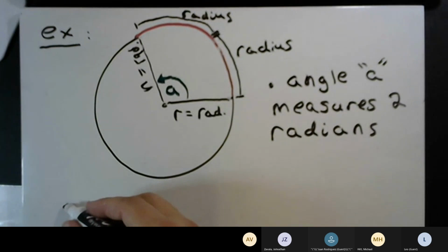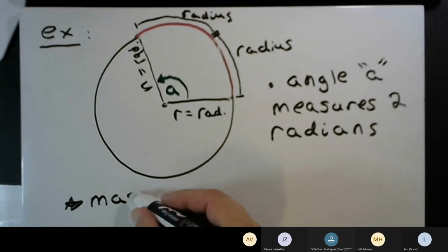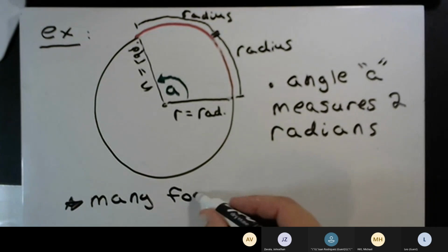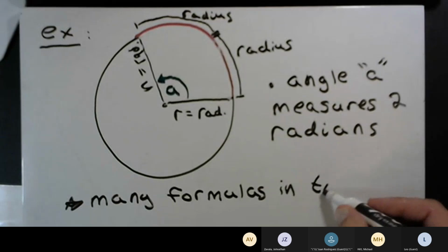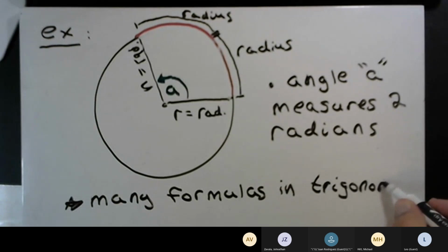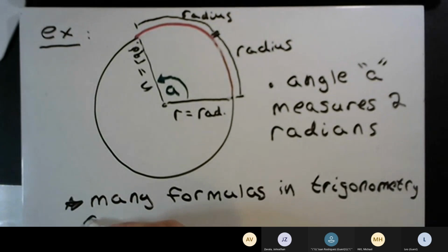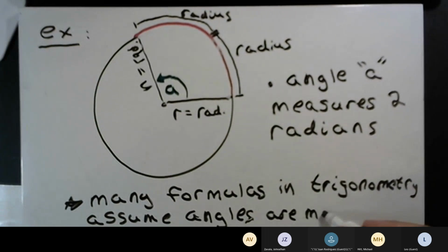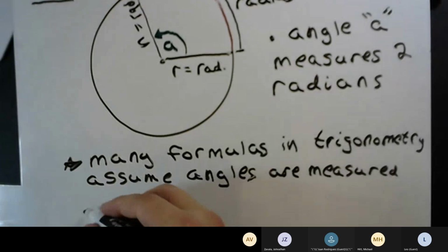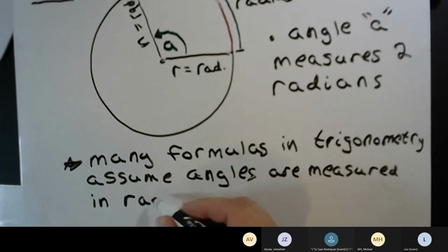Now, a key thing to mention: many formulas in trigonometry assume, and this might be kind of surprising, but they assume angles are measured in radians.